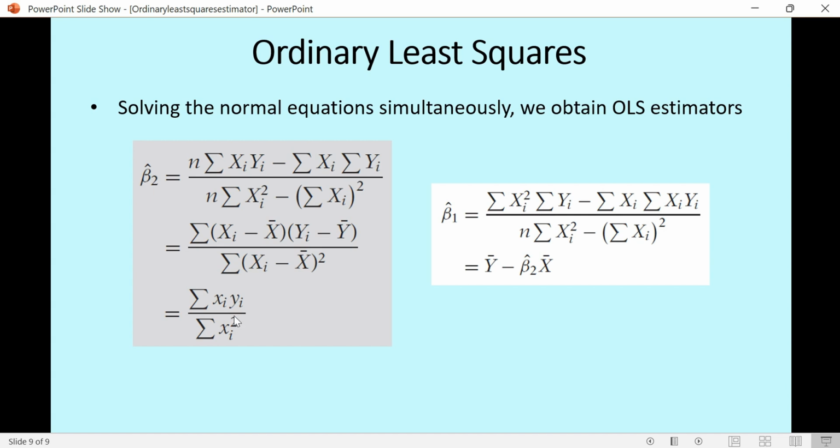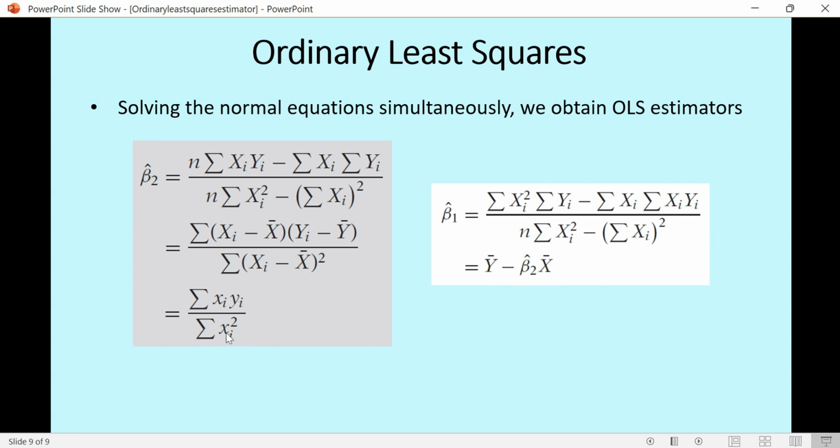After we have got the beta 2 hat estimation, then beta 1 hat is easier: it is only the y mean value minus beta 2 hat times the x mean value. Note that here it is not lowercase, it is uppercase, which means this is the observed value, not the difference.